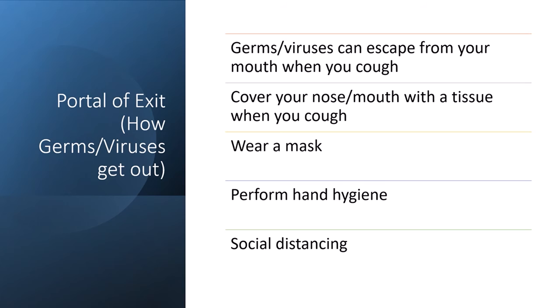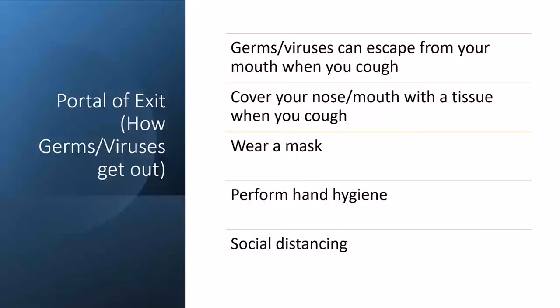The next step is the portal of exit. So remember, that's how germs or viruses get out. So they can escape from your mouth when you cough. So taking some simple steps can help keep germs and viruses from landing on surfaces. So that could be covering your nose or mouth with a tissue when you cough and promptly disposing of that contaminated tissue.